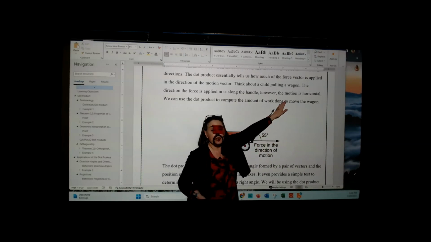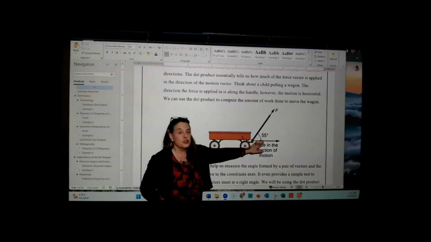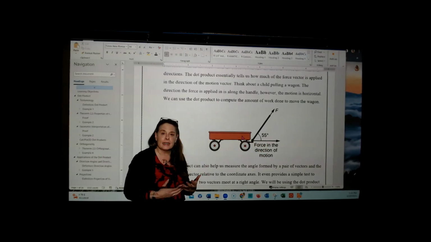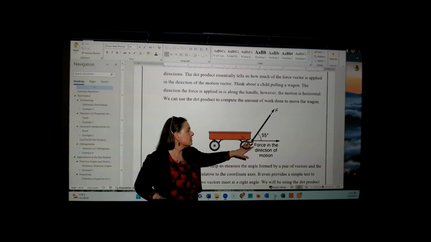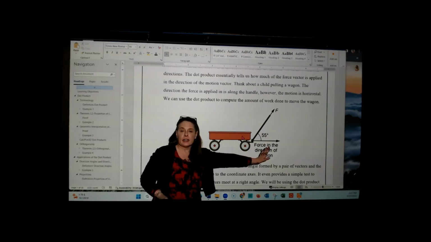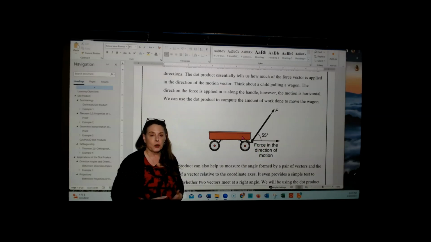So the force is being exerted at an upward to the right angle, but the motion is this way. We need a dot product in order to find out how much of the force exerted by the pull of the child is actually working to move the wagon in the direction that it moves. And this will enable us to find the work done in moving the wagon by pulling it.